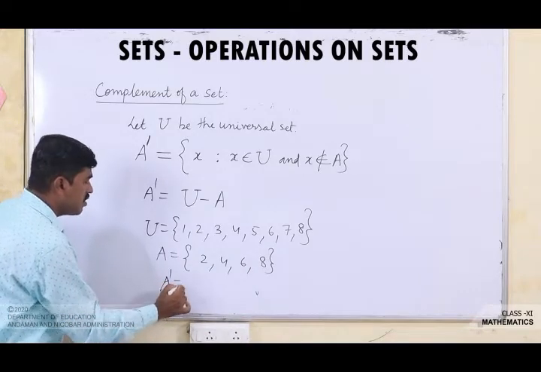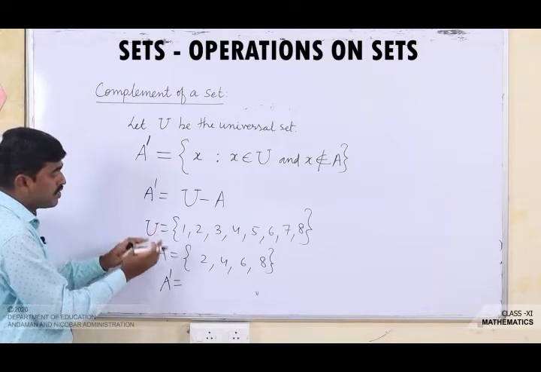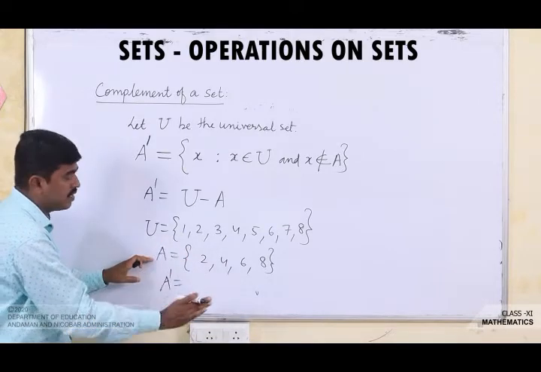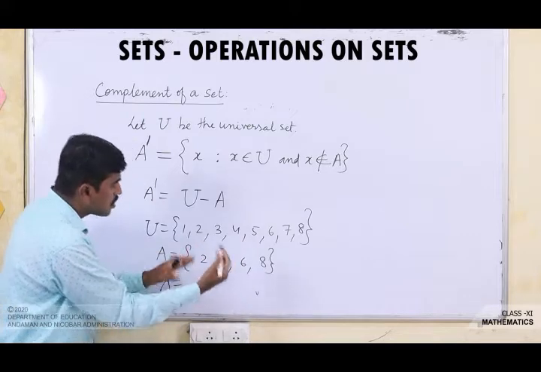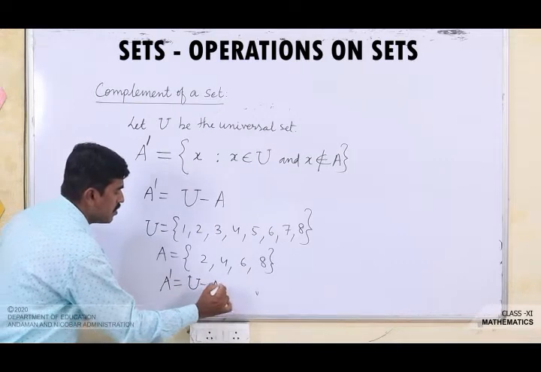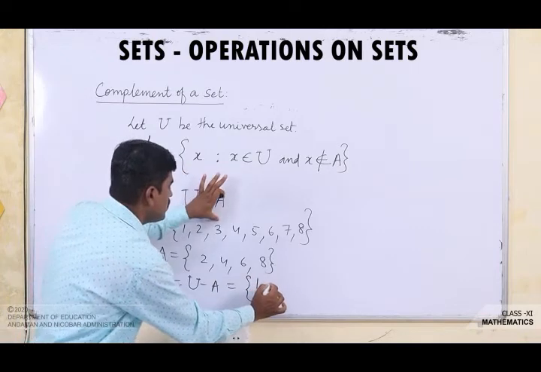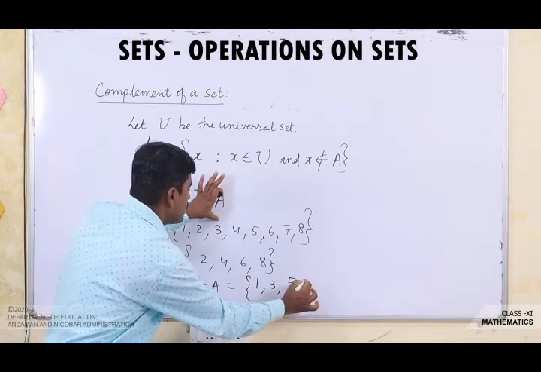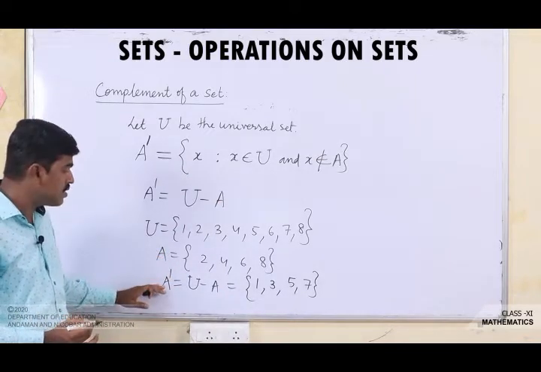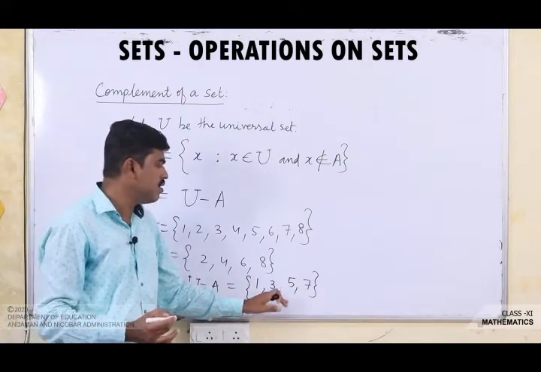A complement is nothing but U minus A. That means we have to write all the elements of U which are not in A. So just excluding the elements 2, 4, 6, 8 from U, we are going to get {1, 3, 5, 7}. So the complement of A is denoted by A dash, and for this example, the complement is {1, 3, 5, 7}.